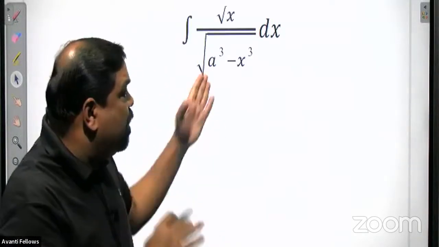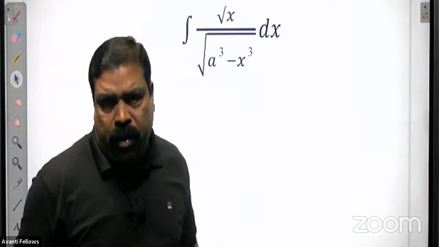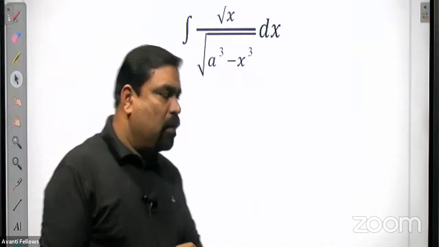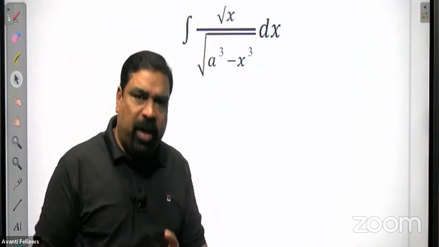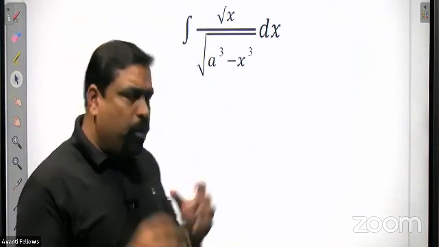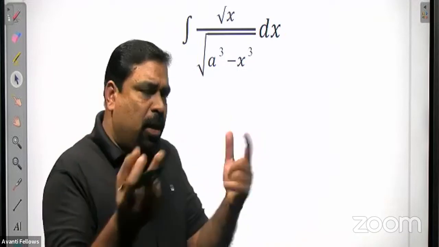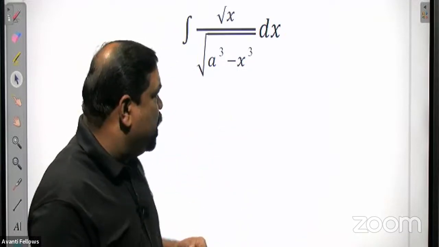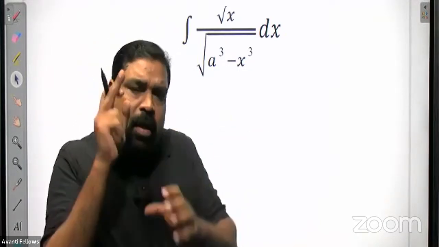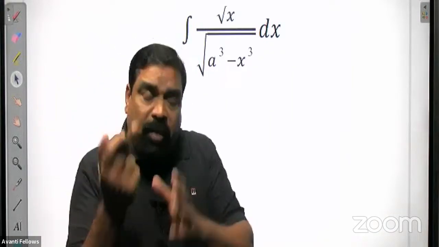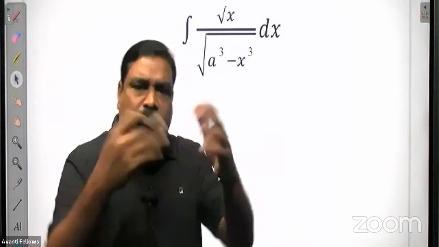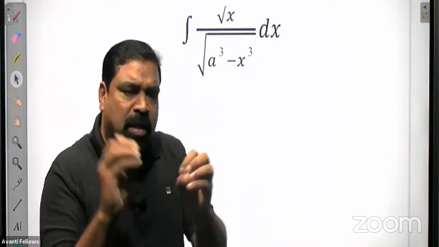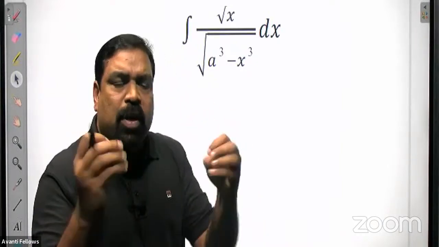So what can be done here? What substitution can be done here? That's the question. You see, the numerator is root x dx, so naturally we have to think: whose derivative will come as root x? If you think in that way, you will get some ideas and come to know where we have to substitute t.